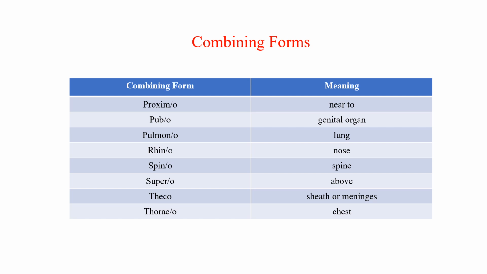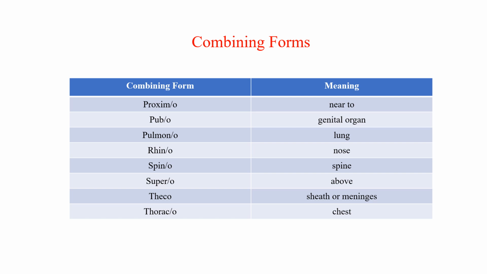Proximo means near to, pubo, genital organ, pulmono, lung, rhino means nose. An example of a medical term using the combining form rhino is rhinitis, such as allergic rhinitis. Rhinitis means inflammation of the nose.